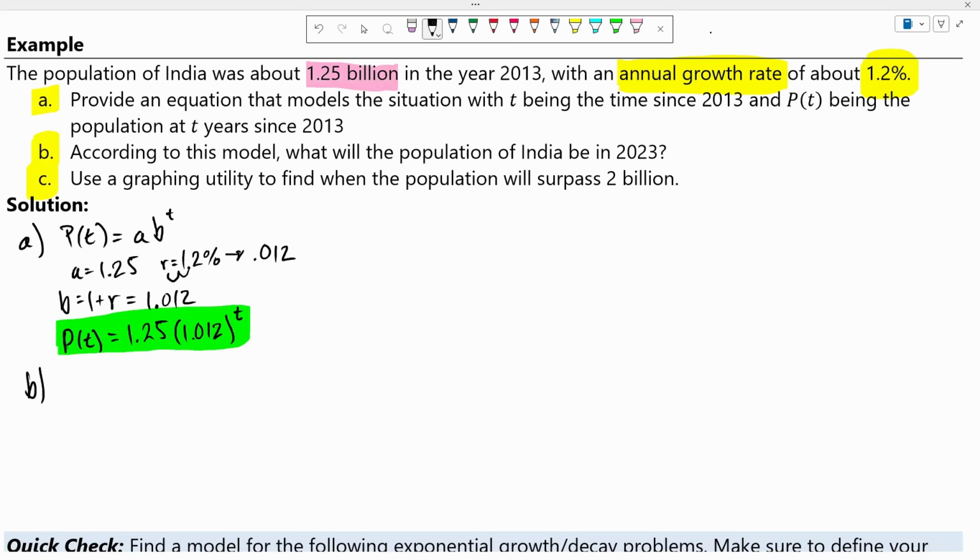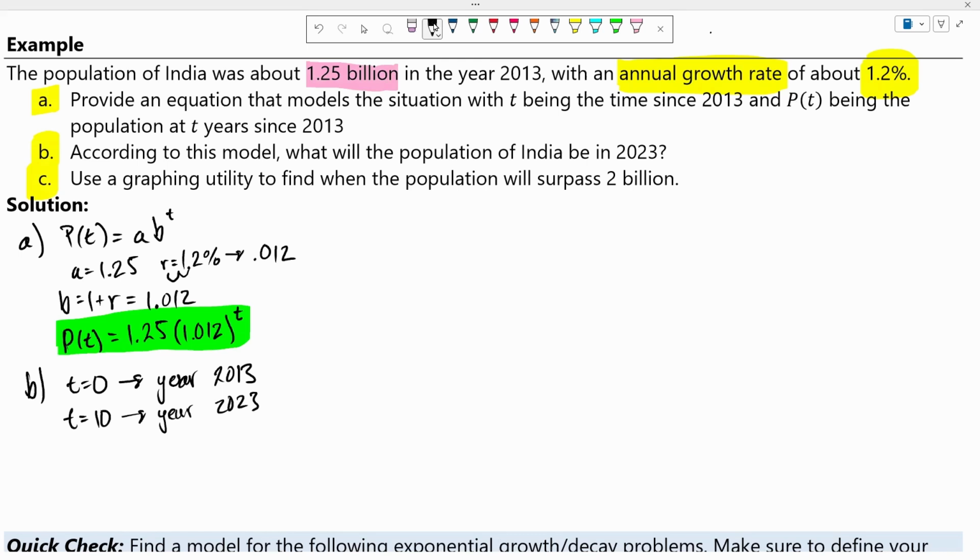B is asking us, according to our model, what will the population be in 2023? So the initial, T equals 0, is the same as year 2013. Okay, so if I need year 2023, that means T has to be 10.